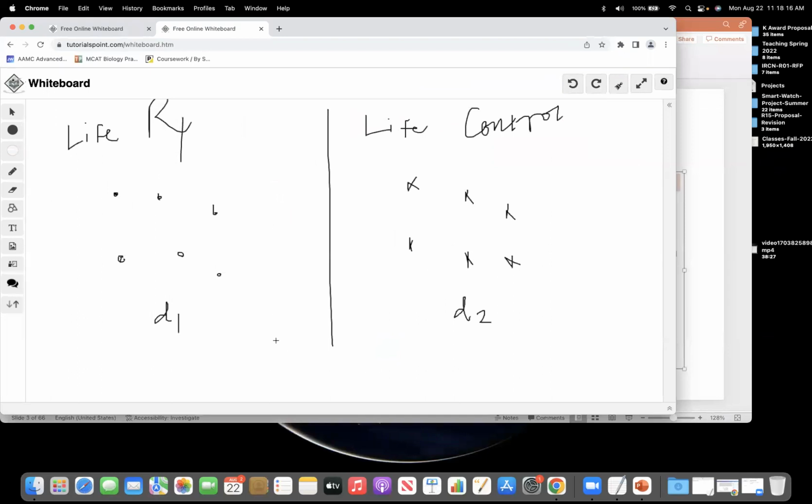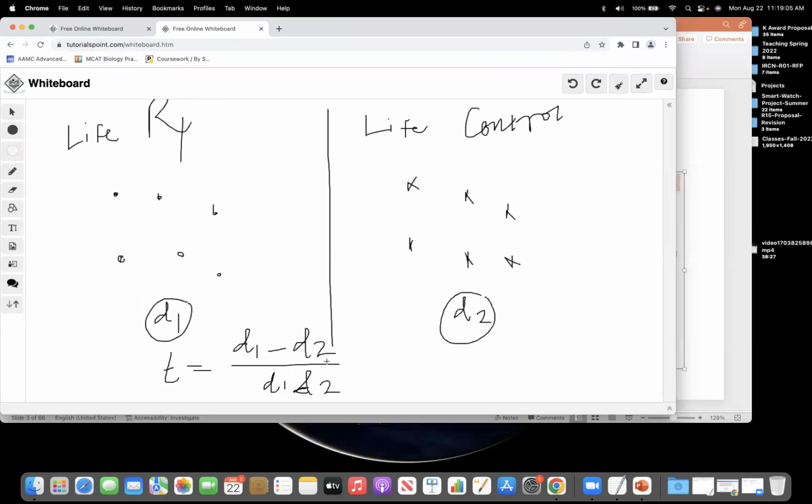So it would be the difference between two groups, which is D1 minus D2, divided by the difference within groups, which is D1 multiplied by D2.